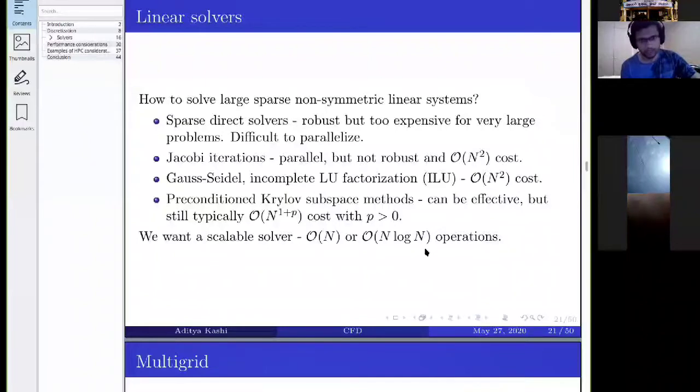Because of that, it can be quite effective. And typically it needs preconditioning to work well. The preconditioner can be any of the aforementioned methods. It can be Gauss-Seidel, it can be LU factorization. So preconditioned Krylov subspace methods can be quite effective. But again, they are not exactly scalable typically. They would have some superlinear cost.